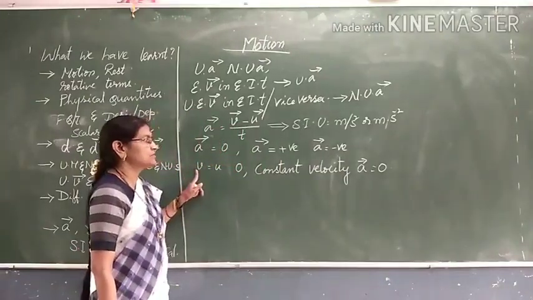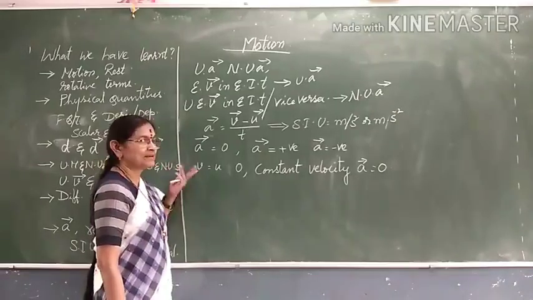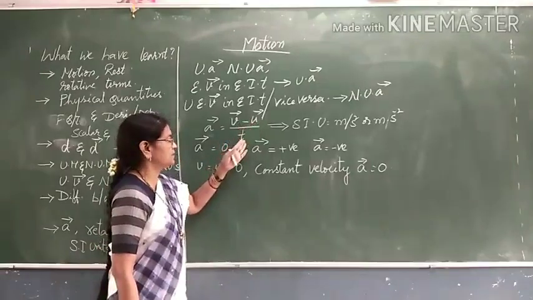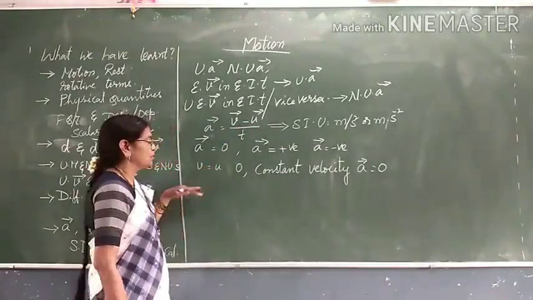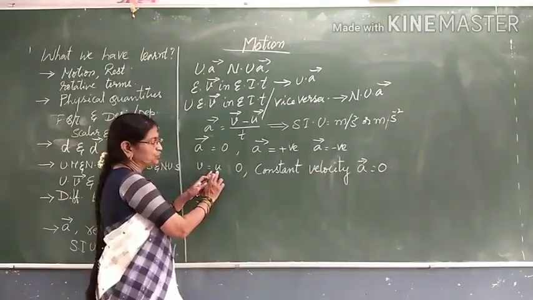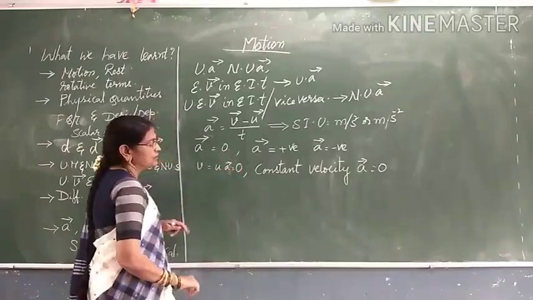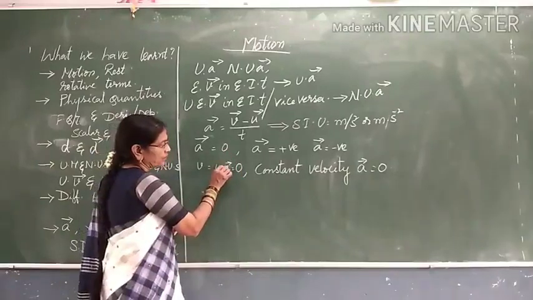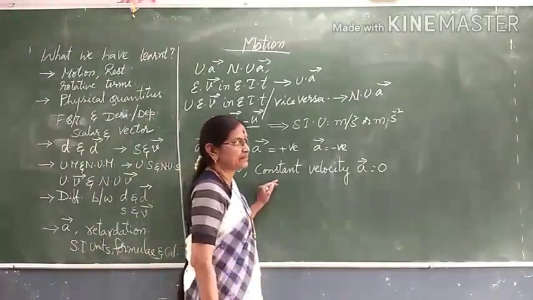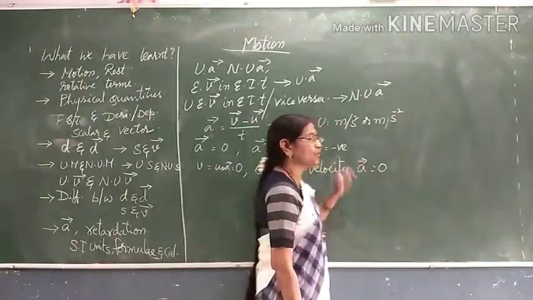When initial velocity and final velocity are equal, suppose 5 minus 5 is 0, and 0 by t is 0, since 0 by anything is 0. So whenever v is equal to u, acceleration is equal to 0. When a body is maintaining constant velocity, then also acceleration is 0.